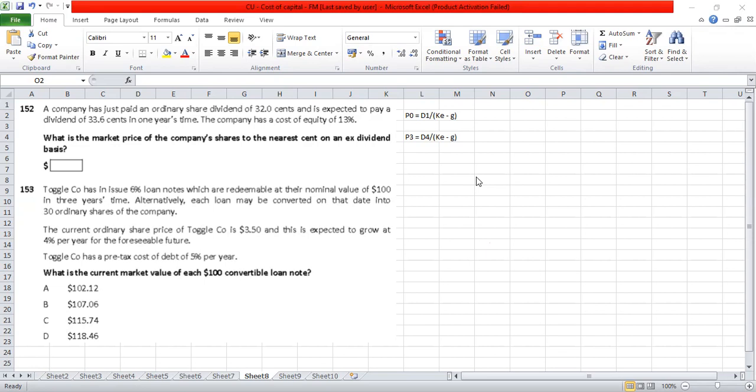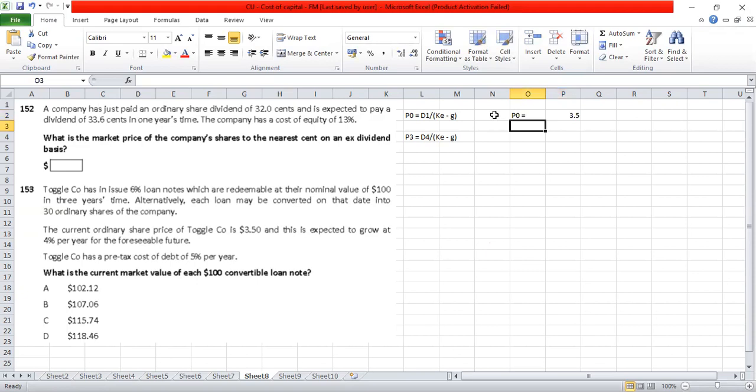They will grow with the growth rate of 4%. P0 is given, D1 is not given. If P0 is equal to 3.5, the current ordinary price is 3.5.